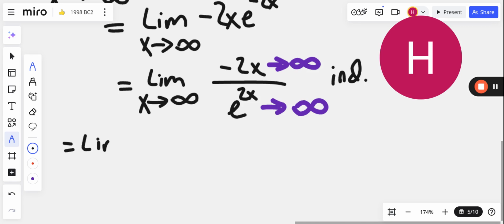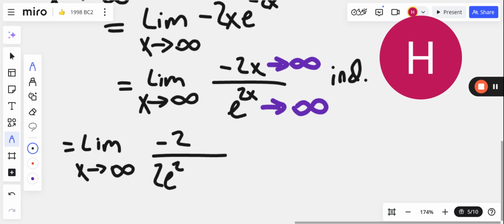So this is going to be equal to the limit as x goes to infinity of the derivative of the top, not the quotient rule, but the top and bottom derivatives separately, over 2 e to the 2x. And now it's pretty clear to see that the denominator is getting much larger, and so this is just going to 0.